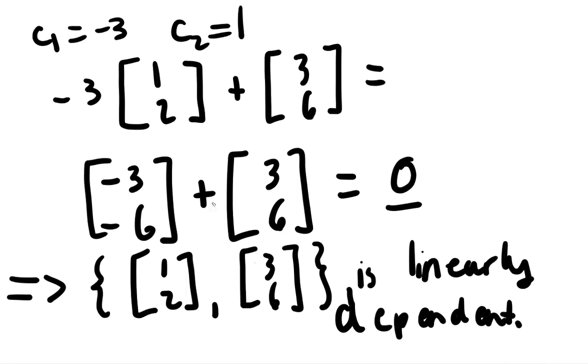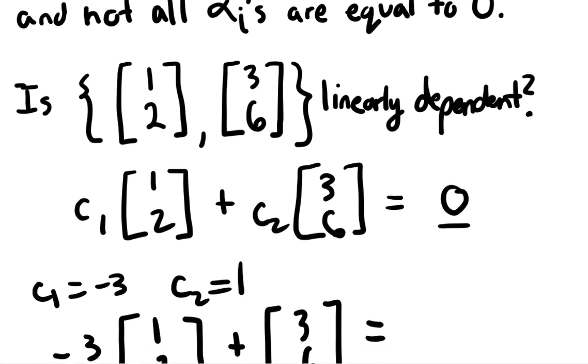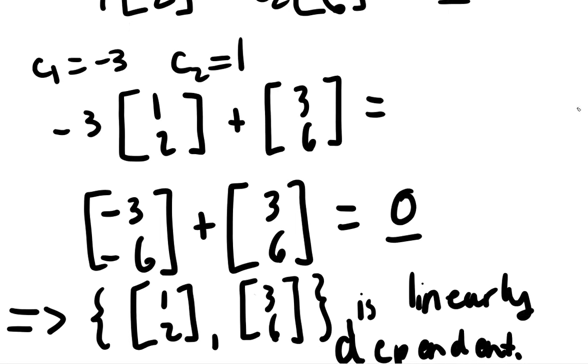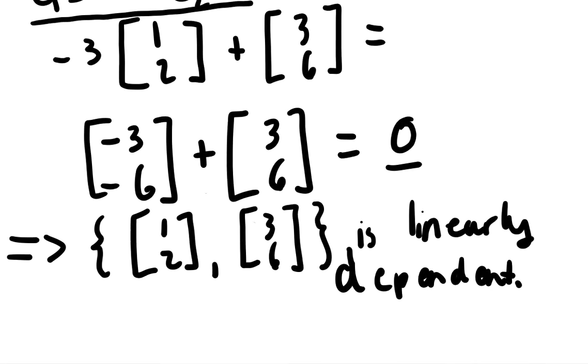And if we had scalars such that these were both 0, then that would not satisfy the definition of linear dependence because we have to have some alpha values that are not equal to 0. Since we found these two alpha values that are not equal to 0, and we took a linear combination of the vectors in our set and got the zero vector, we can determine that these two vectors are linearly dependent.